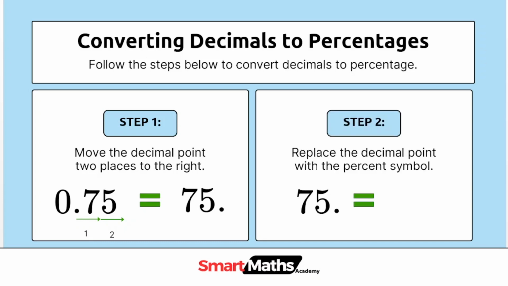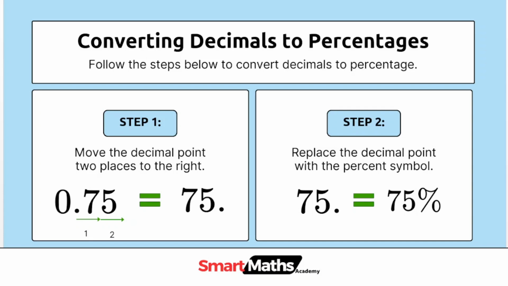The next step is to replace the decimal point where you have it here with the percent symbol. So that means you're going to have 75%. So that is just a simple way of how to convert decimals to percentages. I hope this is very clear to you.